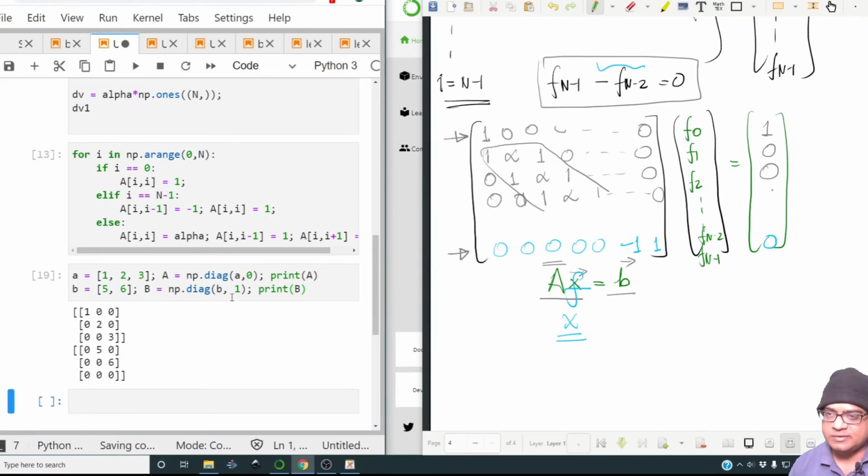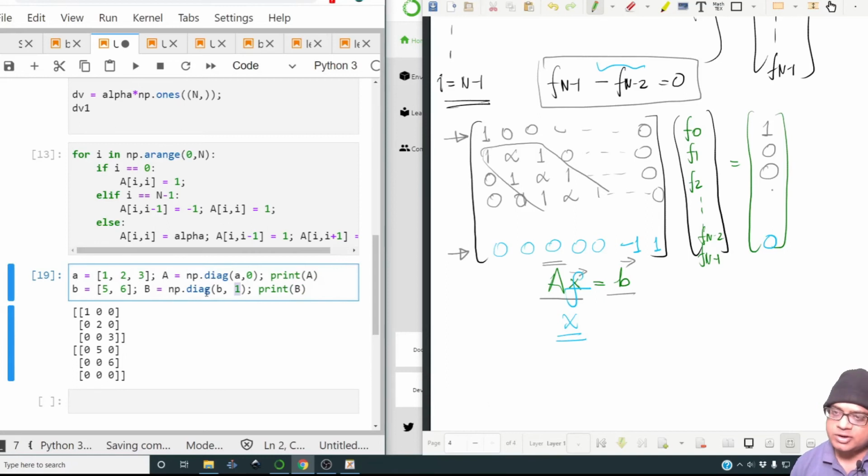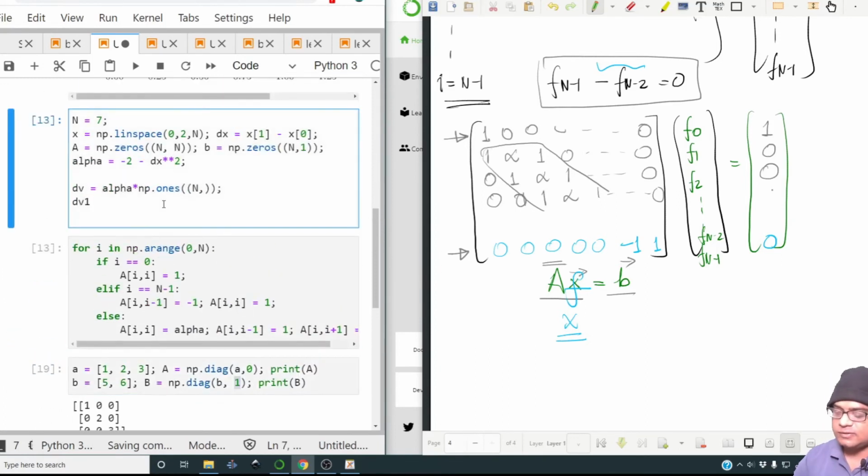The shift is specified by this. So it is inserting the elements of b into the matrix capital B with a shift of 1. Obviously it has to have one less element: the more you shift, the fewer elements you should have. Great, that gives us a different idea. So dv1 is simply going to be np.ones(n minus 1). So yeah, that's it.